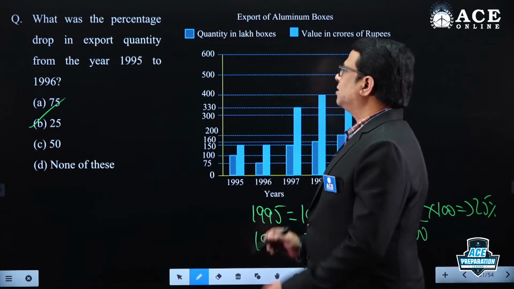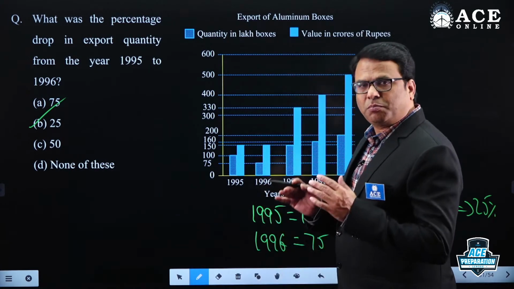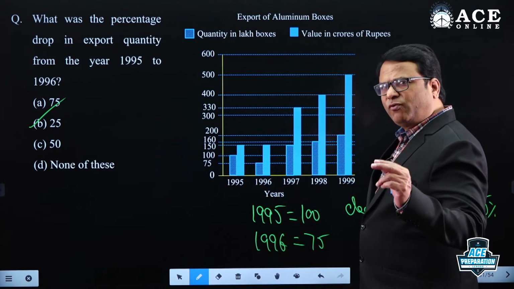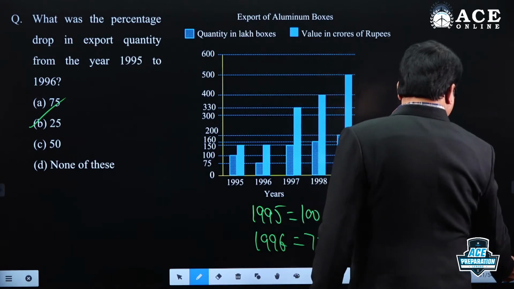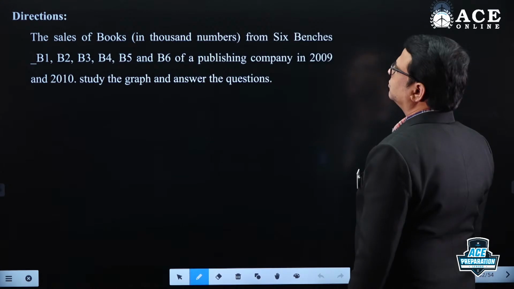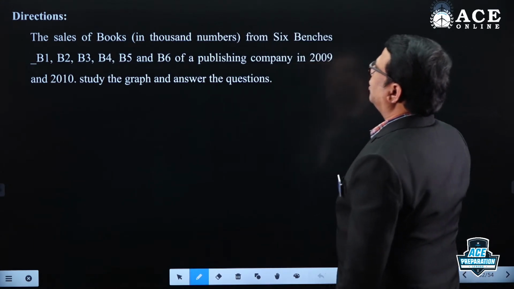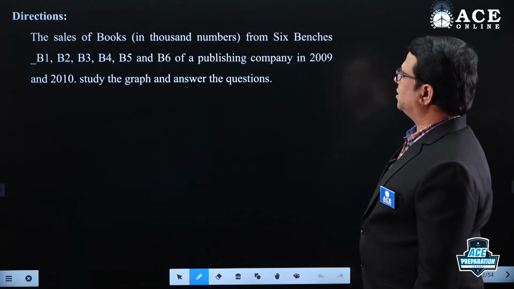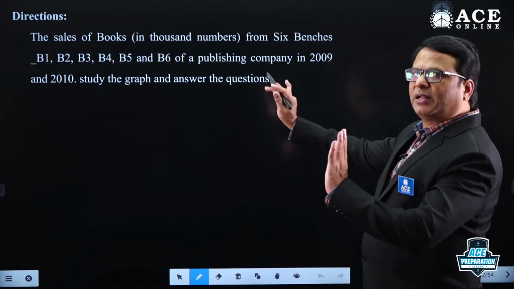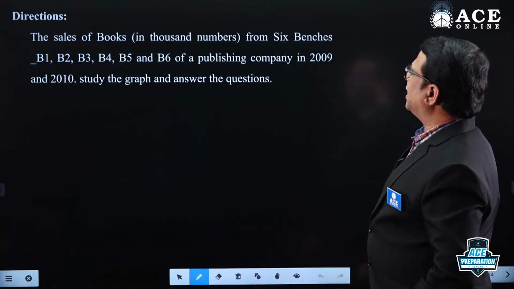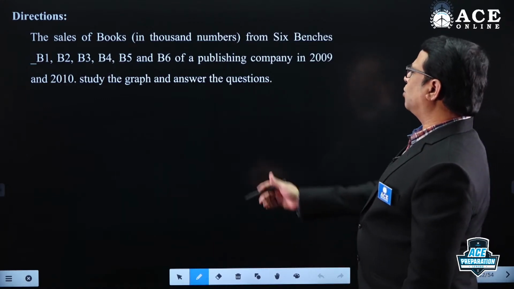Okay, so this is one set of questions on bar diagrams. Now let us go for one more set of questions under bar graphs. The directions are in one slide and the diagram is in another. First let us go through the directions. Sales of books in thousands.